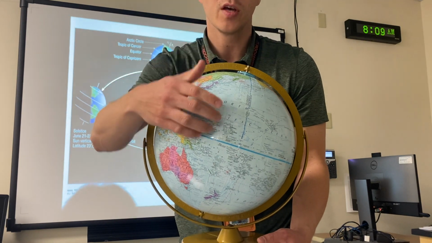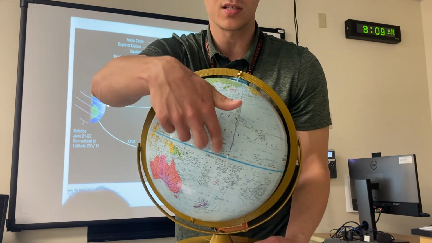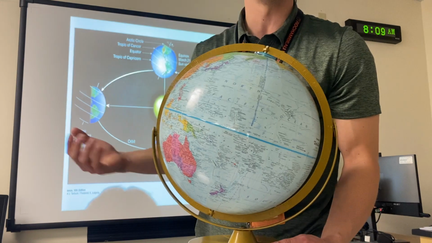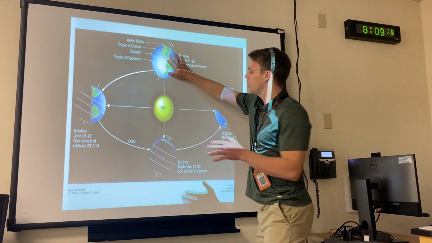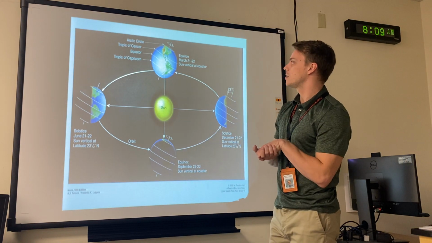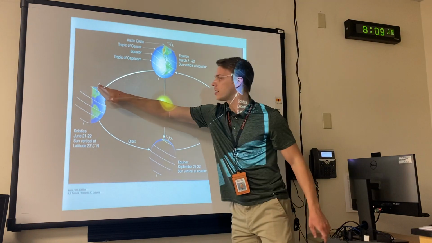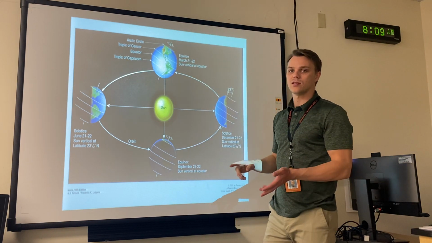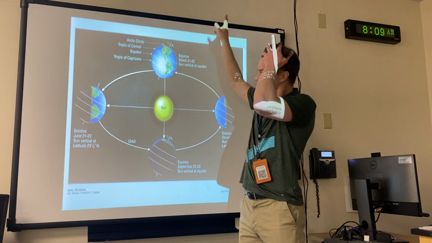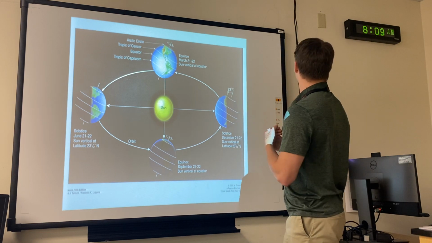If you were the sun, you'd be looking right over the equator. So if I was standing on the equator, the sun would be directly overhead. And that's what's happening here and here, right? So it's not tilted towards the sun like it is here or away from the sun. It's just tilted out into space. And remember, the North Pole is facing Polaris, okay?